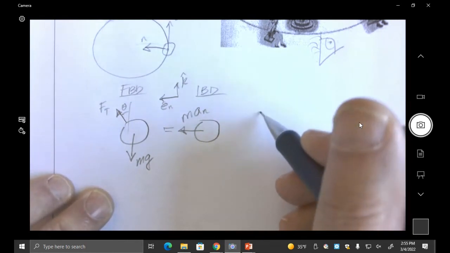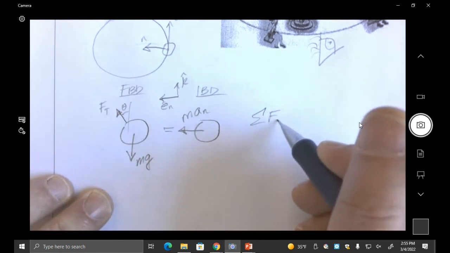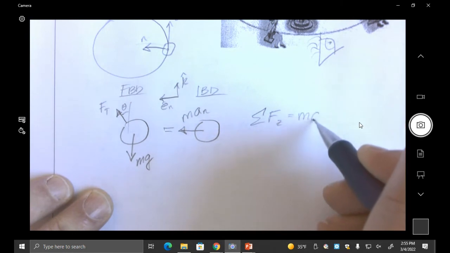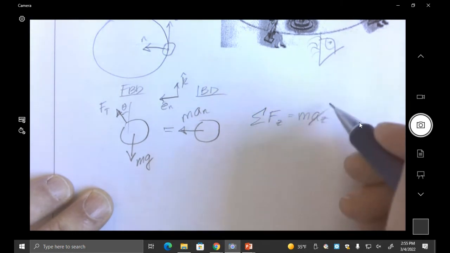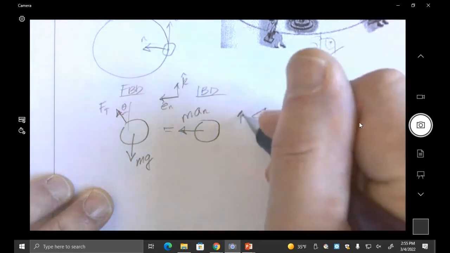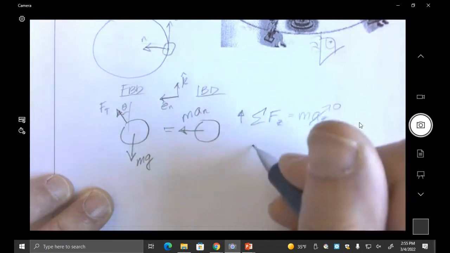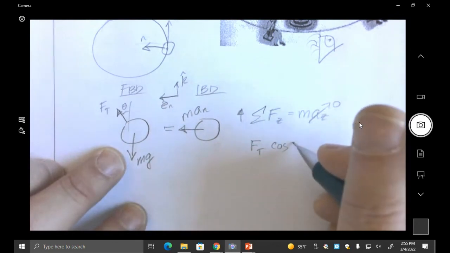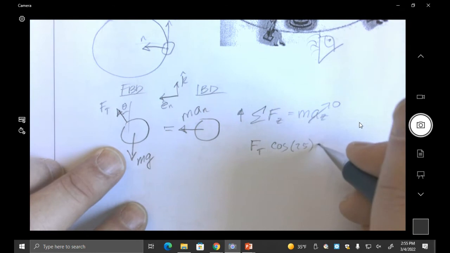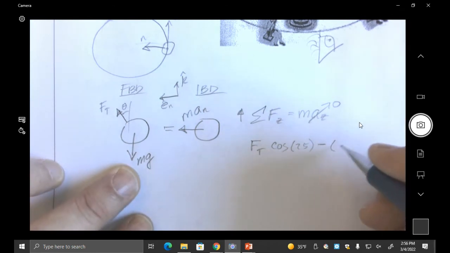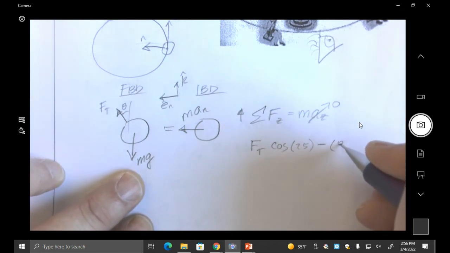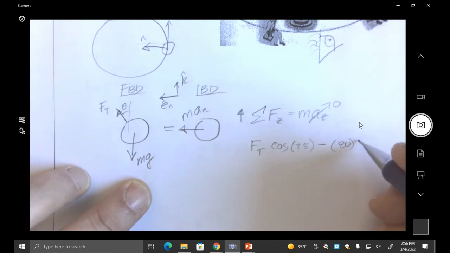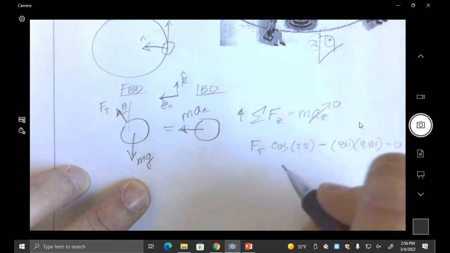So we say sum of the forces in the z direction equals mass times acceleration in the z direction. We know it's 0. So we'll go Ft cosine of, I'll use the numbers, 25, minus 80 times 9.81 equals 0.